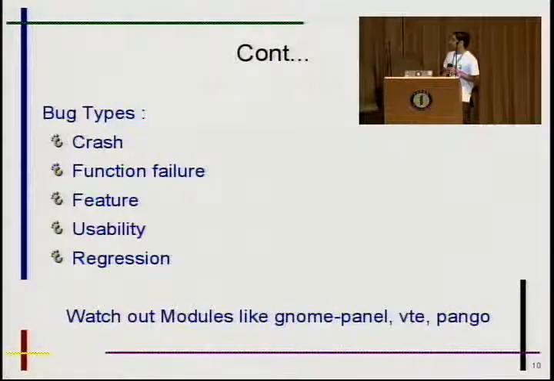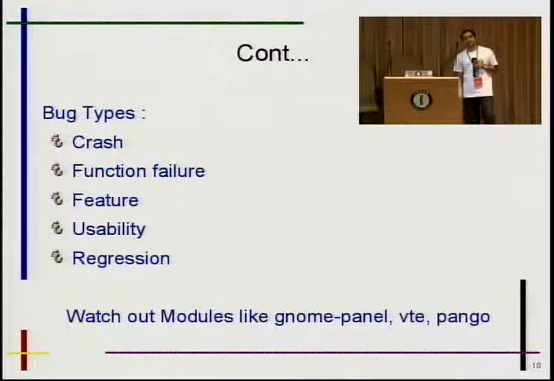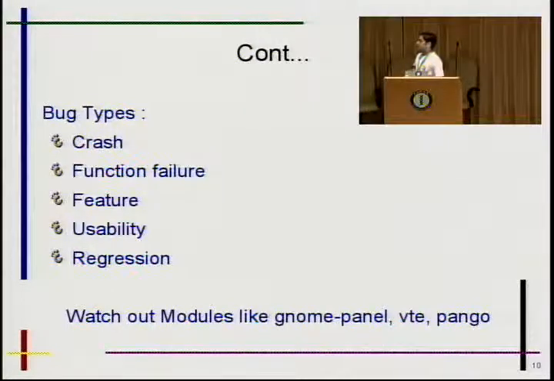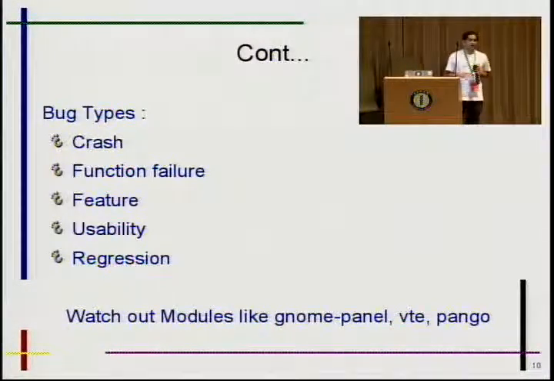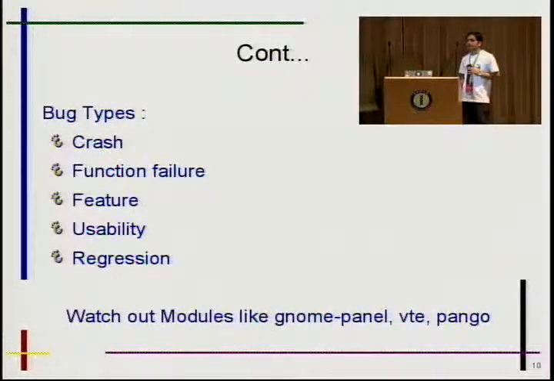There are some modules I have listed: GNOME Panel, VTE, Pango, where it's better to skip those bugs so that the maintainer can decide whether the bug should be moved, closed, or whether it has enough information or not. If you are a new contributor, or you are just starting with bug triaging, it's better to skip those modules so that you can avoid any problem there, because the maintainer wants to look at all the bugs himself. So it's better you leave those bugs.